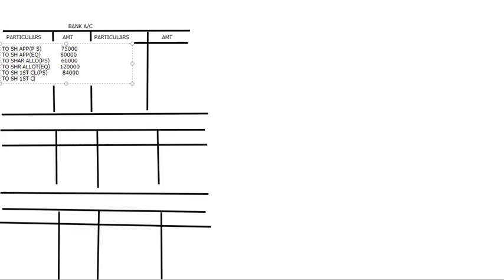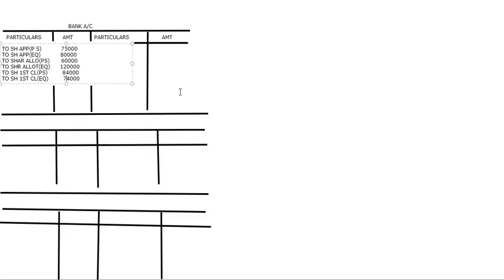Whereas of equity, I have got how much? 3,700 into 20. Not 54, it's 74,000. We got this much.